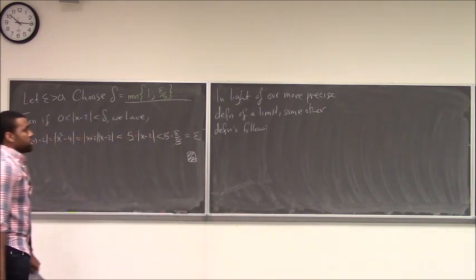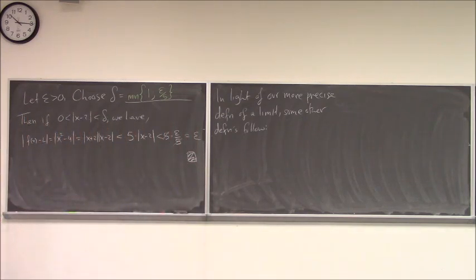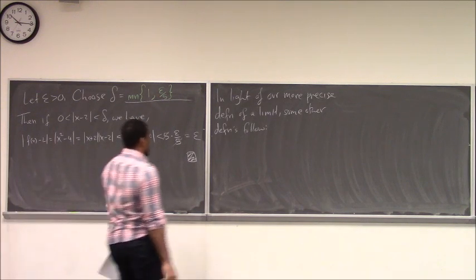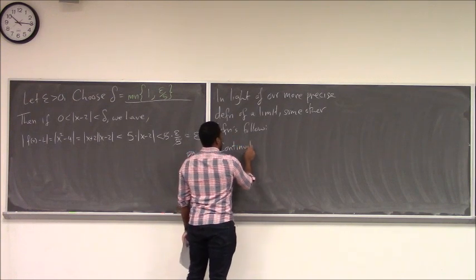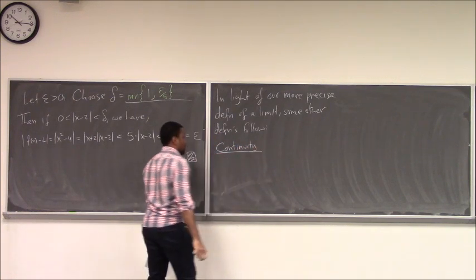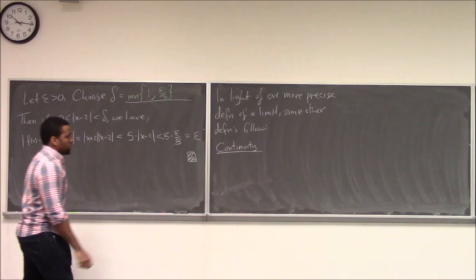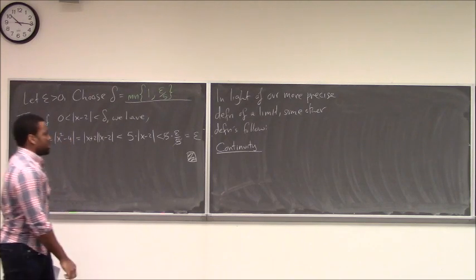Now that we've redefined the limit, it turns out a lot of other things, the way we've been thinking about them, can also be redefined. So for example, continuity. Remember, the definition of continuity involves a limit equation. So you can actually state this in a different way.